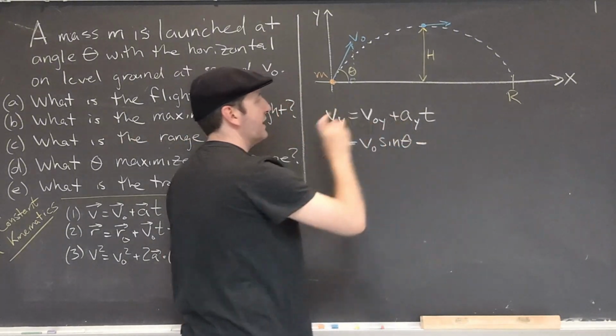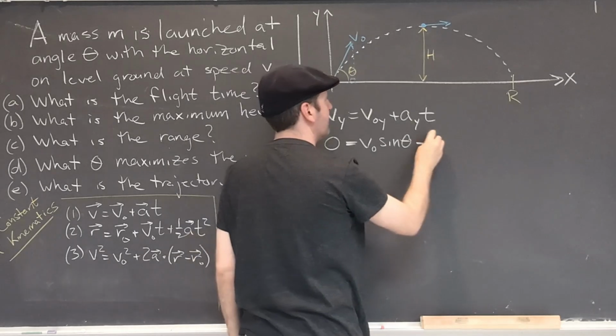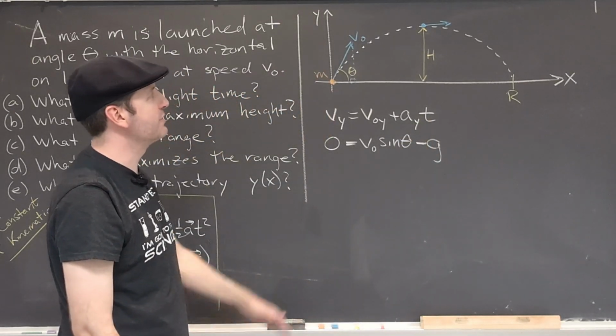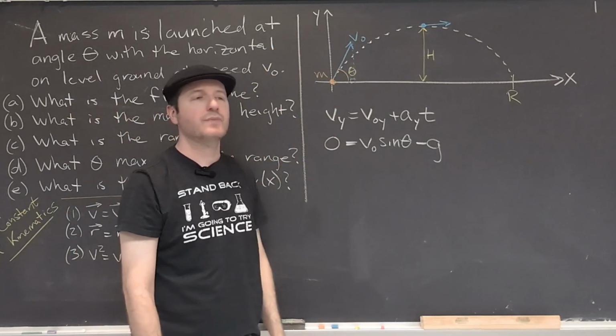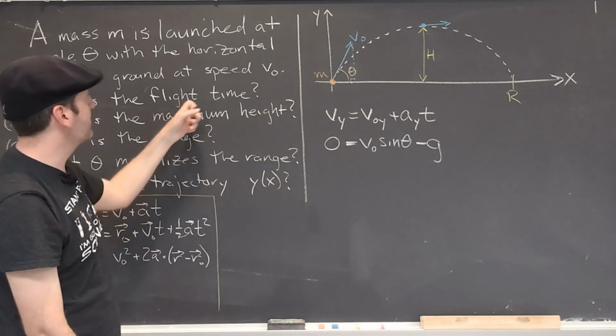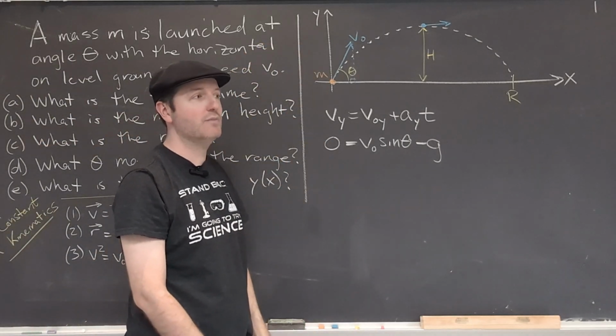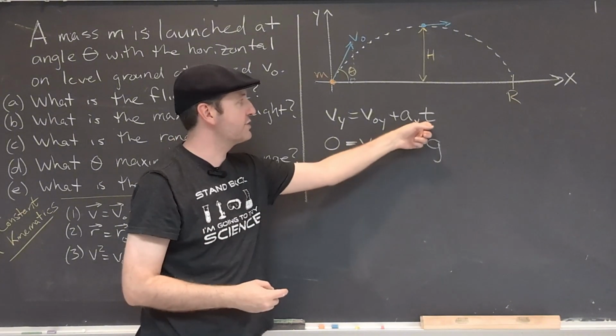Similarly, we know that ay is a given constant, minus g, and then t is the time it takes to reach that maximal height. But again, we're not looking for the time to reach the max height, we're looking for the total flight time. By symmetry, that's going to be double this particular t.